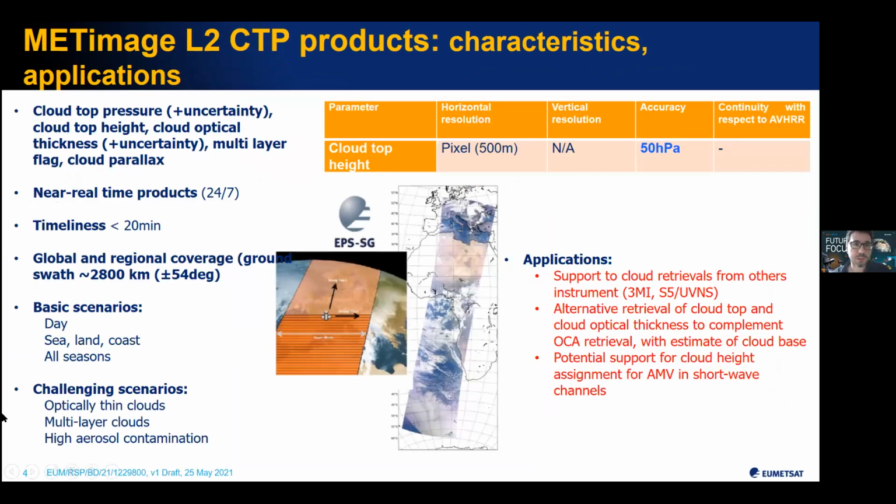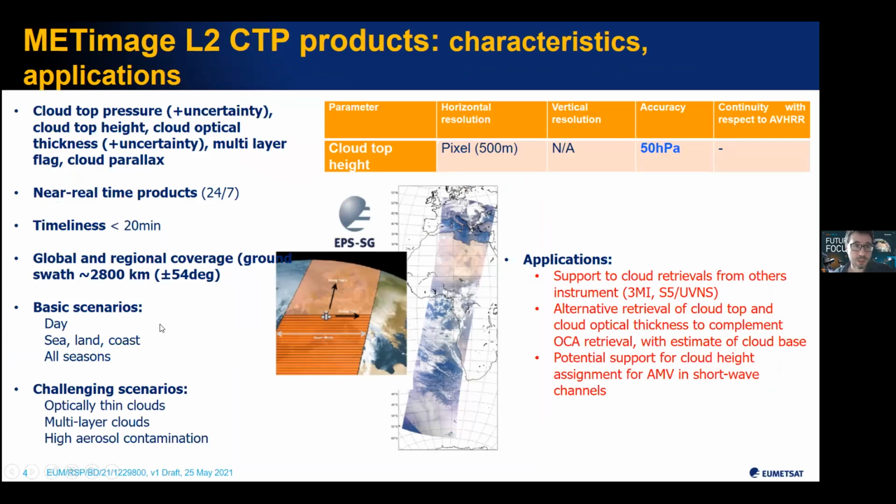So, the characteristics and the application of the product. Again, it is a product that provides cloud top pressure, cloud top height, and cloud optical thickness with relative uncertainties, and the multi-layer flags plus the parallax situation. It is a near real-time product, and of course it is day only, because by construction the timeliness is less than 20 minutes.